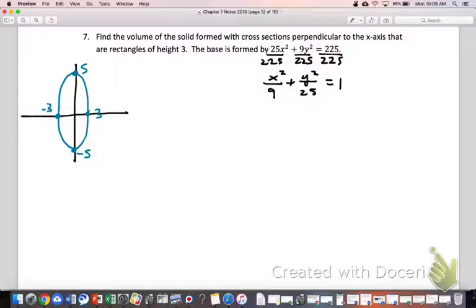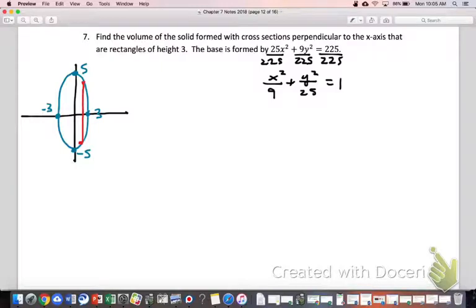Are you guys comfortable if I drew in the cross section like this, perpendicular to the x? Does that make sense? We're looking straight down on top of the cross section. No, I can see maybe it's not.